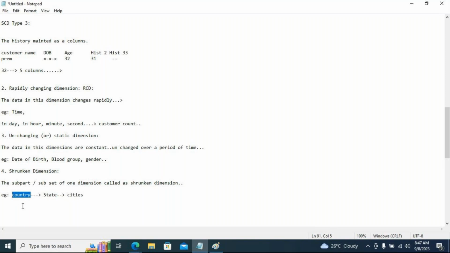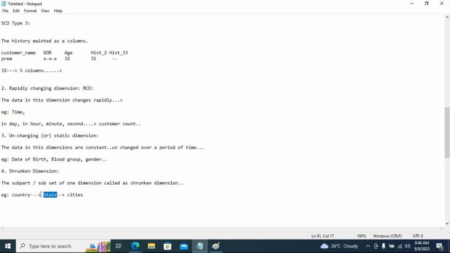Andhra Pradesh is not a part of any other country except India, because it's a part of India. So state is a subpart or subset of a specific value in the higher dimension, that is the India value. Similarly, cities which are part or subset of a specific state will be considered as a shrunken dimension.